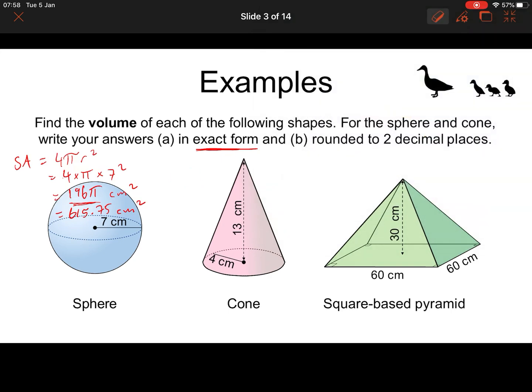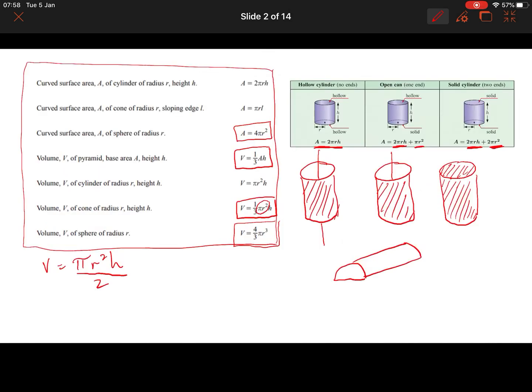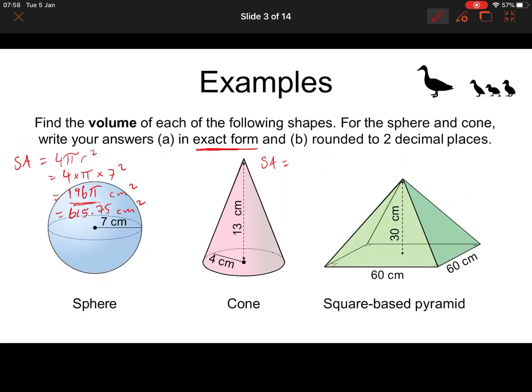Now, we're not told, so we're going to assume it's a solid cone. So the surface area is equal to the curved surface area of a cone, pi RL. Now, first of all, 2 things there. Pi RL is just the curved bit. So what I need to do is add on the circle at the bottom.